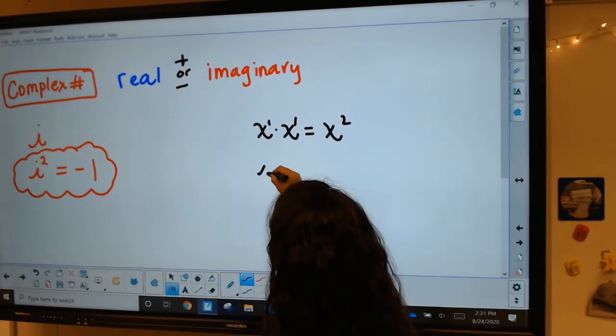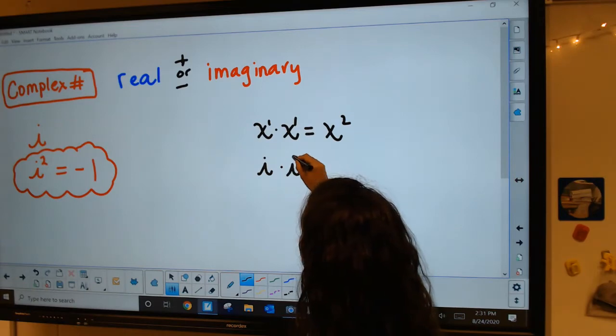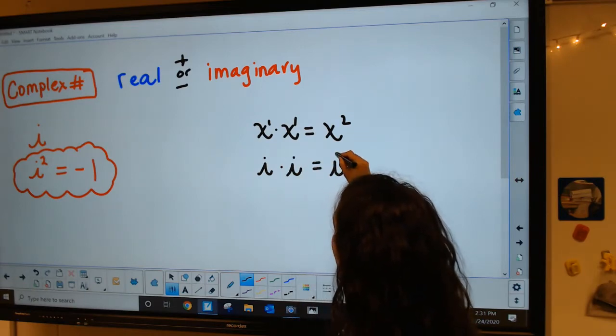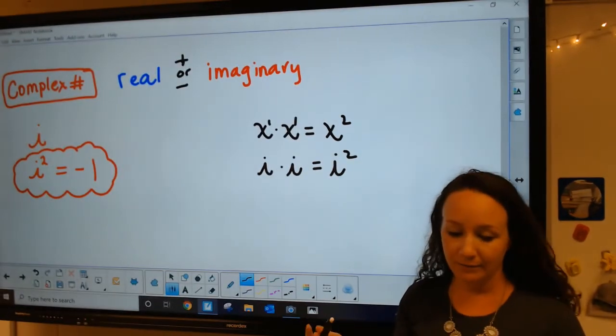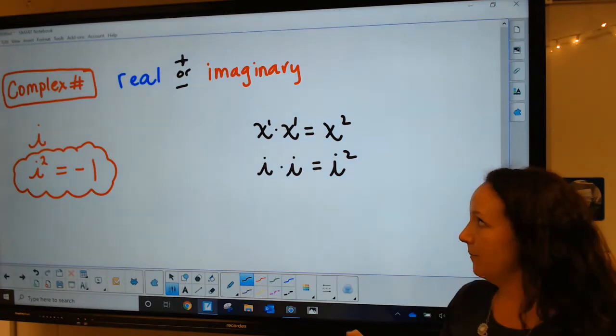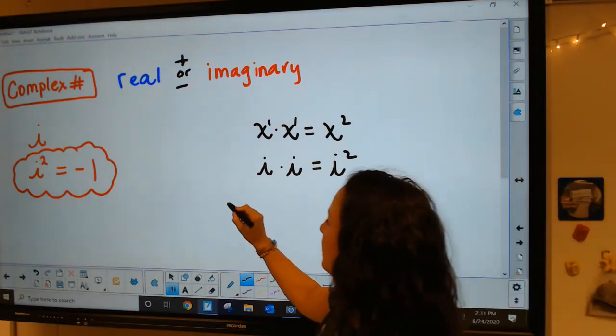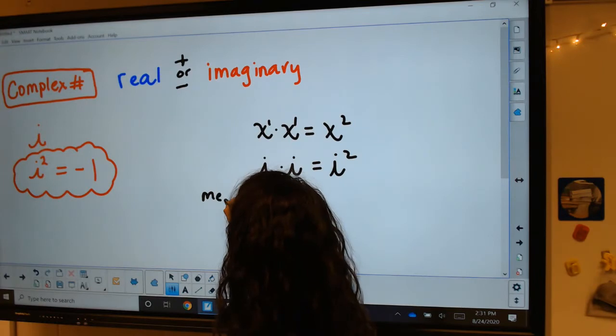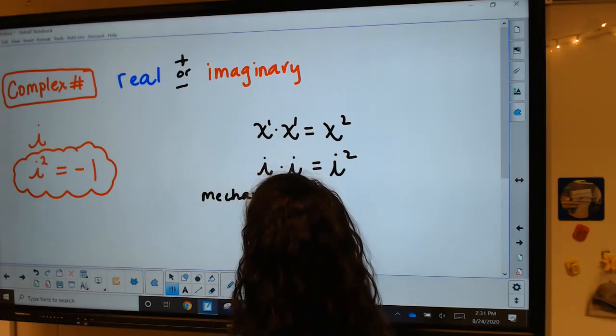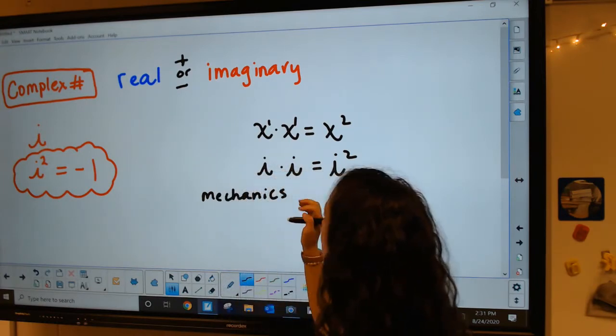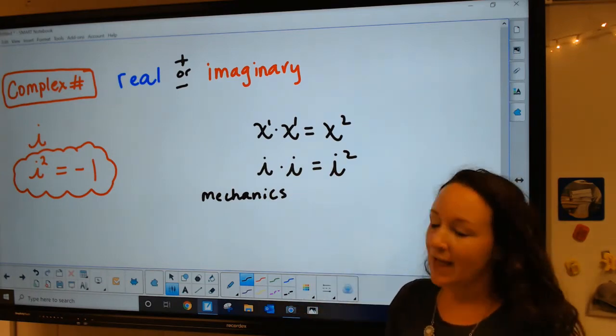So it makes sense that if I have I times I, well, that would be I squared, right? And so here are sort of the mechanics to why I squared equals a negative 1.